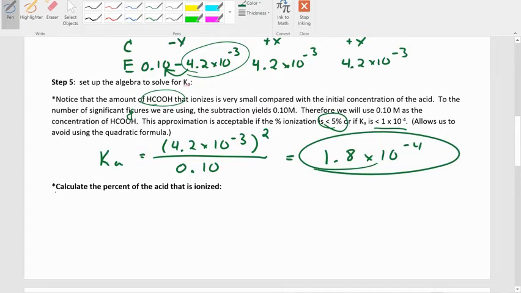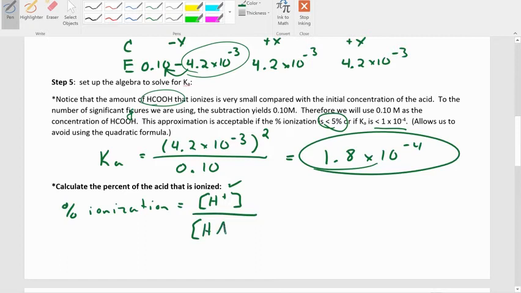And then I added one more question in here because you might have a few of these in your problem set. Calculate the percent of acetic acid that is ionized. Percent ionization, just a reminder, is going to be the concentration of H plus over the concentration of the acid.